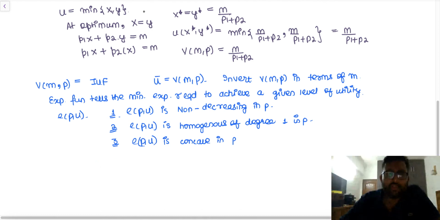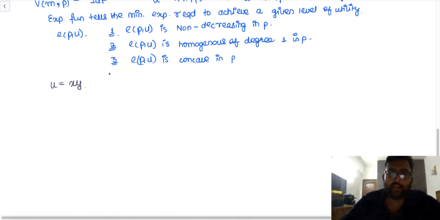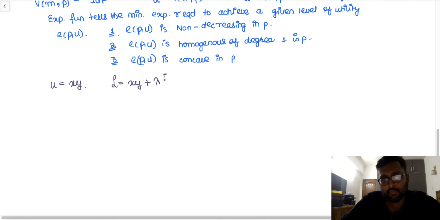Now for the function which is given to you, u equals xy. First of all, find out the demand functions for this. What you do is set up the Lagrangian.